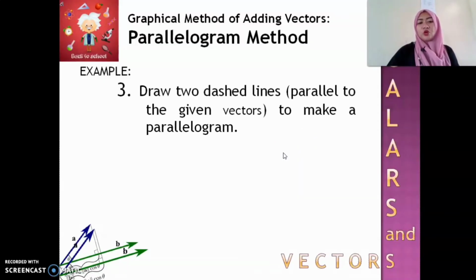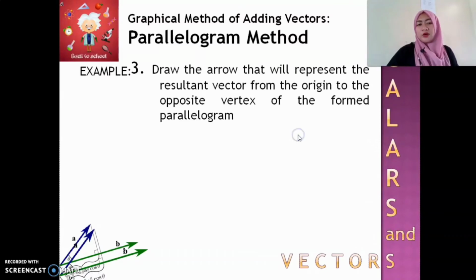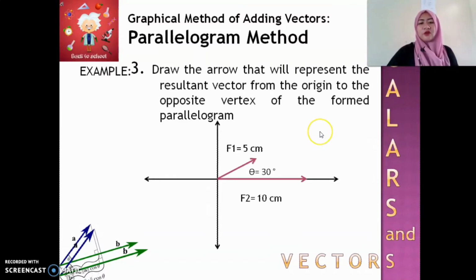Next step, you draw two dashed lines parallel to the given vectors to make a parallelogram. Let's draw a dashed line so that this line here is equal to the length of here, and this line here is also equal to the length of our force 1. To get our resultant, you have to draw the line that represents the resultant vector from the origin to the opposite vertex of the formed parallelogram.